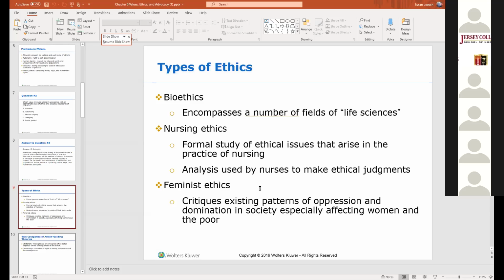Then we have the feminist ethics, and this is critiques used in patterns of oppression and domination in society that affect women and the poor. So it's an ethical approach that's popular among nurses, both female and male.